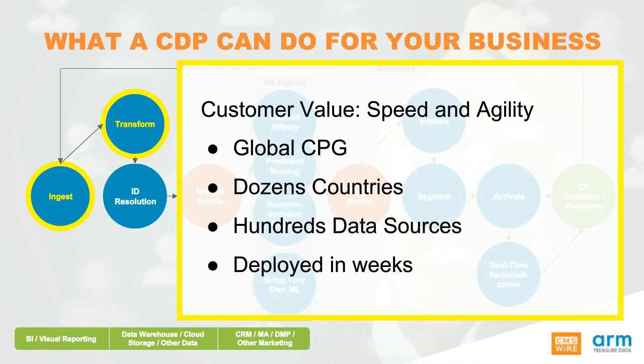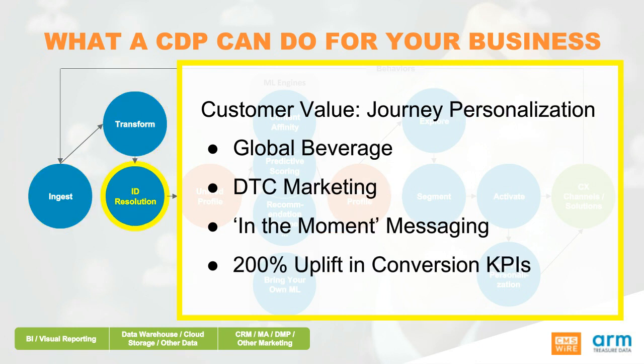Once you're done with the stage of ingestion and transforming, a highly important element of CDPs today, and all customers keep referring to that capability, is ID resolution, where all of the data that you just brought into the CDP is keyed off of different identities. If you're bringing in web behaviors, they're keyed off of cookies. If you're bringing in email behaviors, they're keyed off of emails.